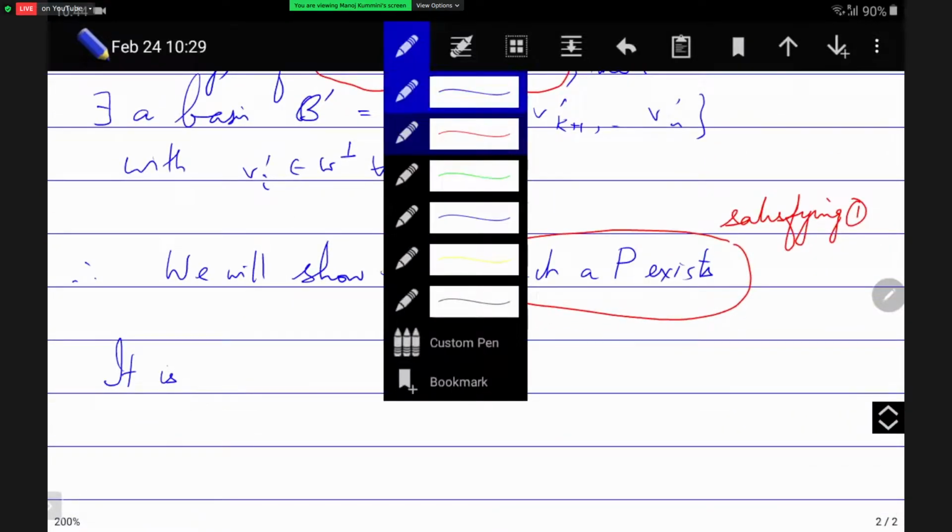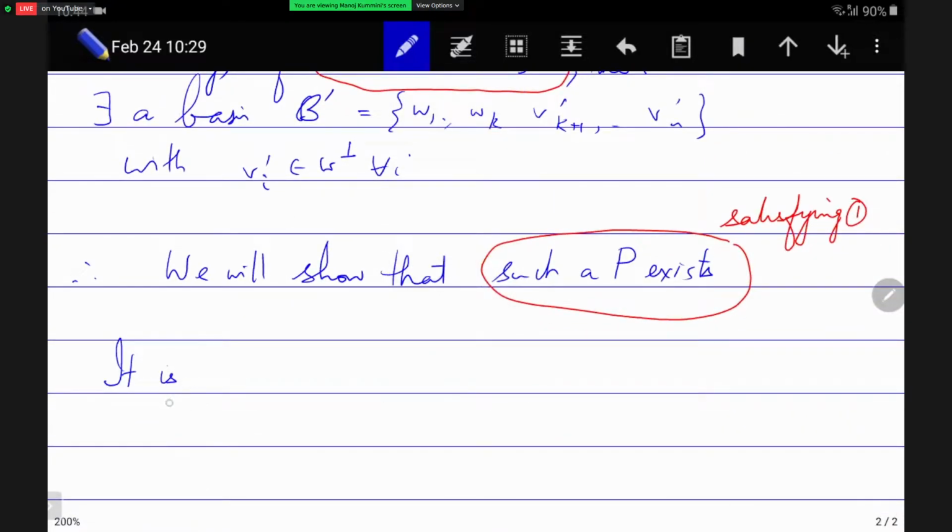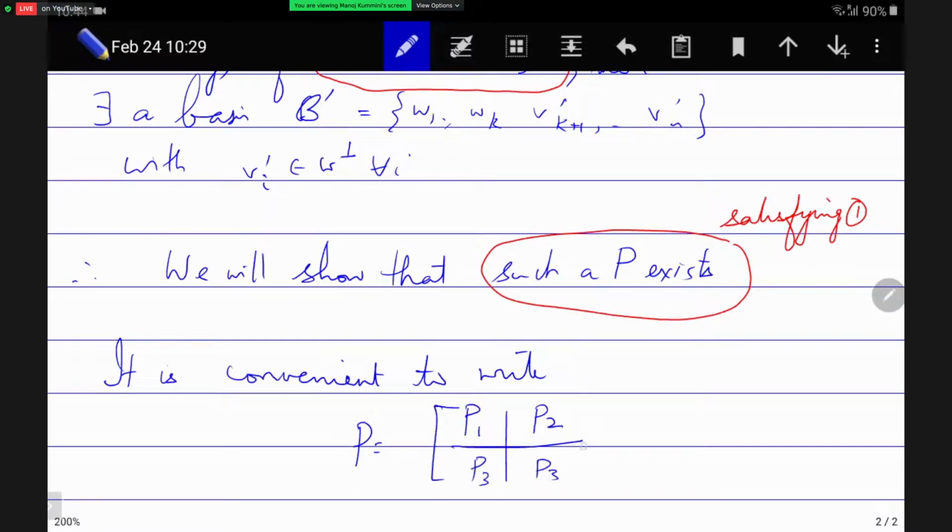So it is convenient to write P also as some block form, because matrix multiplication will respect this sort of block.